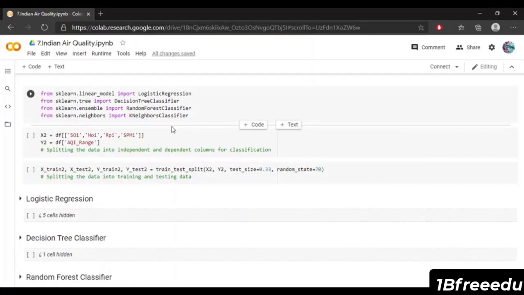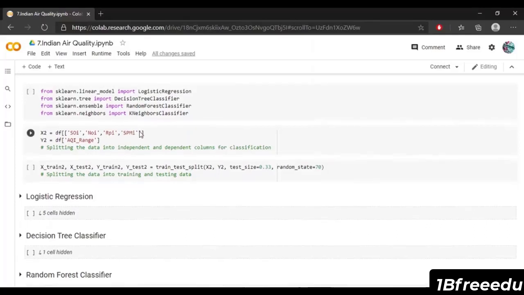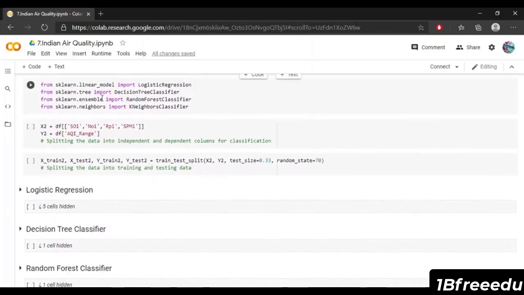So as I told earlier, random forest and decision tree are used for both regression as well as classification problems. What we have done here is imported all these models, and the other new algorithms that we have used, apart from the decision tree classifier and random forest classifier, which we already spoke about, are logistic regression and the k nearest neighbors or k neighbors classifier.